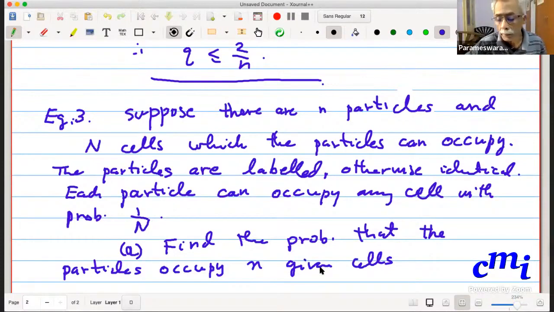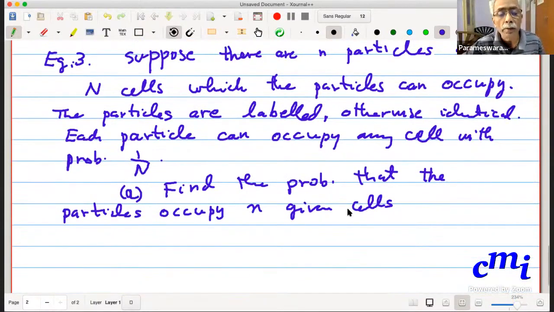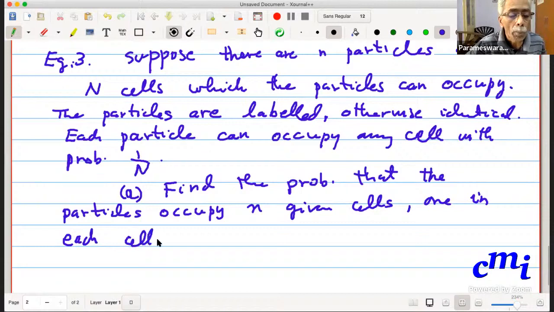You have to look at the wordings rather carefully. The thing here, and I draw your attention to this, is n given cells.